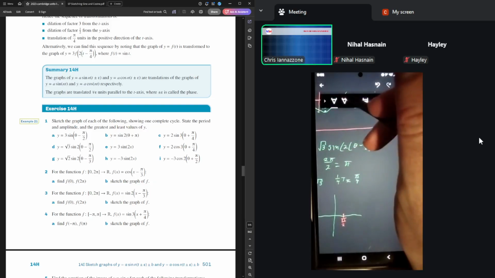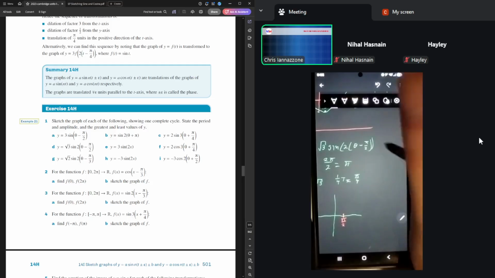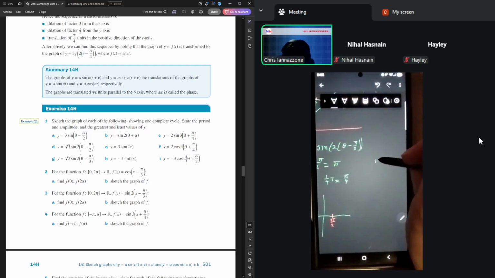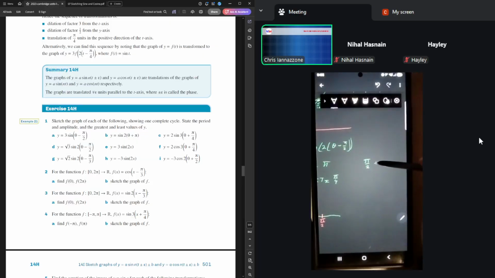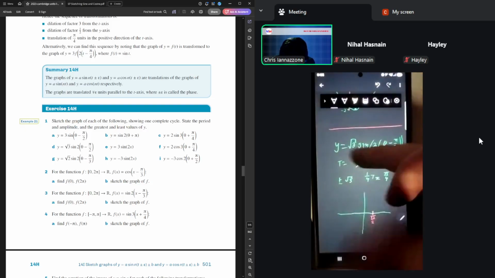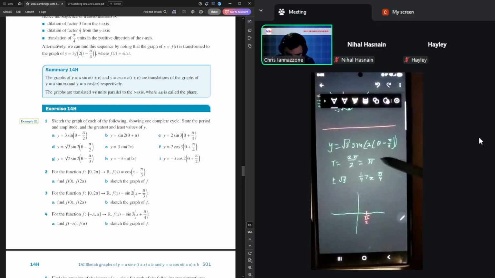So I take my starting location of pi on 2, I add my pi on 4. Technically I can subtract, I can go backwards, but subtraction is typically more annoying to deal with than addition.